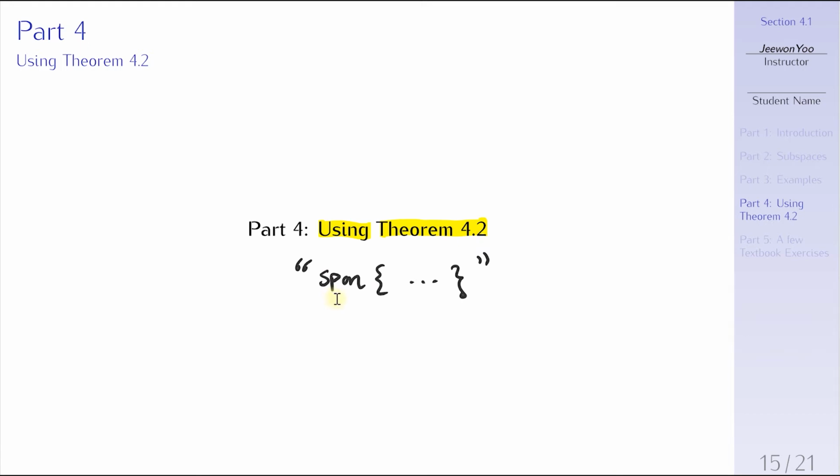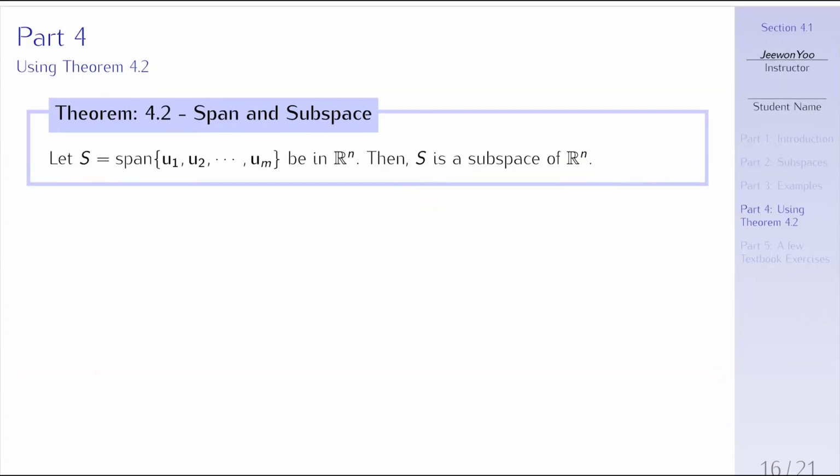Whenever you see the word span followed by some vectors in the set, right away this entire set is called a subspace. This method, Theorem 4.2, works only in the case where the set is spanned by some vectors. Take a look.